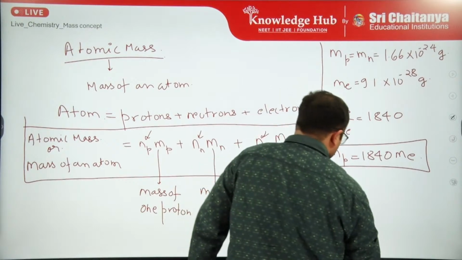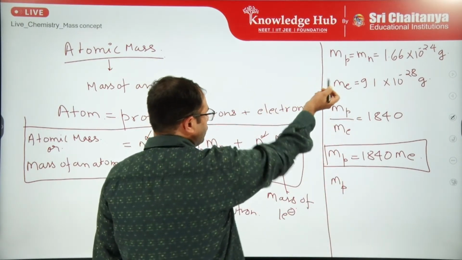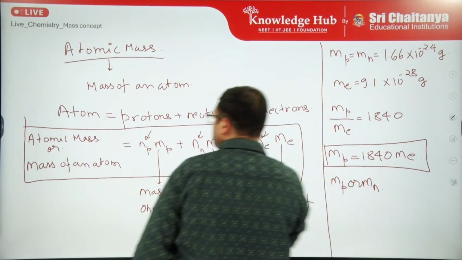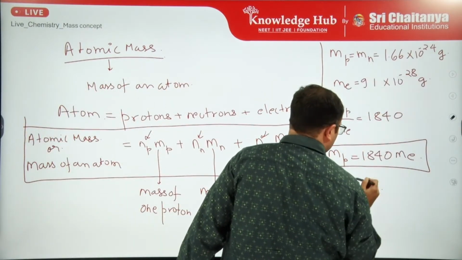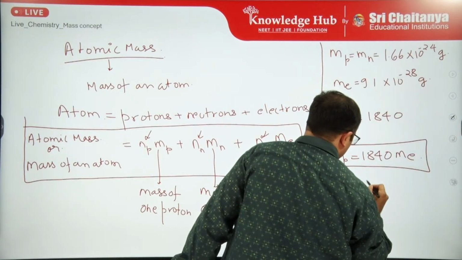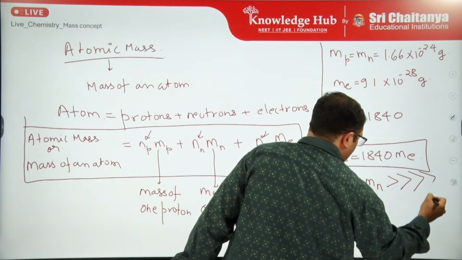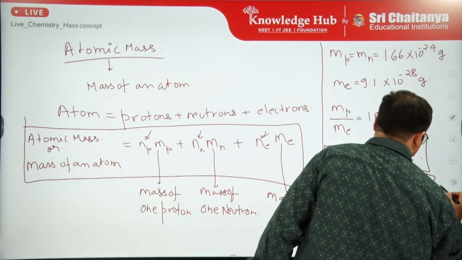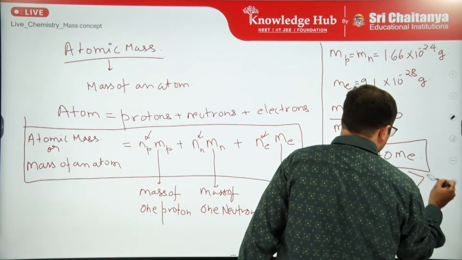So I can clearly say that mass of proton, or because neutron is same, mass of neutron is very, very large than mass of electron.